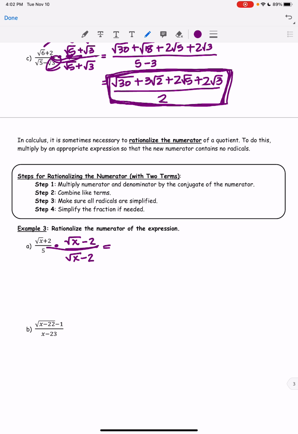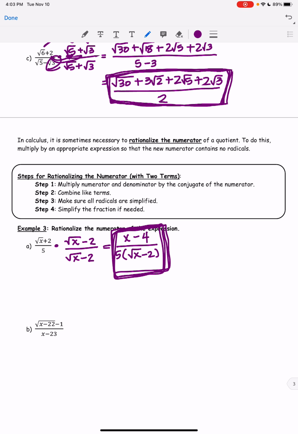So now we have a difference of squares on the top. So now I'm just going to do square root x times square root x to get x. And 2 times a negative 2 to get minus 4. On the bottom here, we have 5 times square root x minus 2. I am personally okay with your answer being written in this form here.